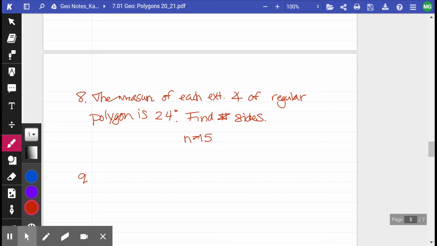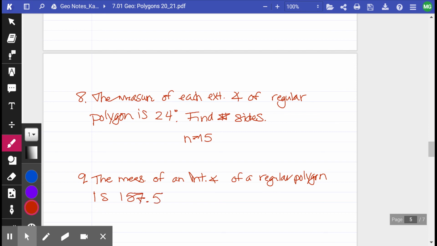Number 9, we'll do one more. The measure of an interior angle of a regular polygon is 157.5 degrees.